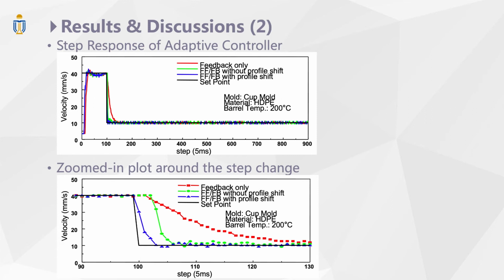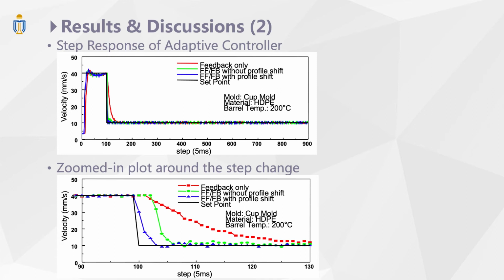You can see the combination of feed forward and feedback dramatically improves the response speed, as shown in the zoom-in plot. The original feedback control takes about 20 control periods, and with the feed forward, we only take about 6 steps to control the velocity from one level to another. That's reaching the limit of the valve.